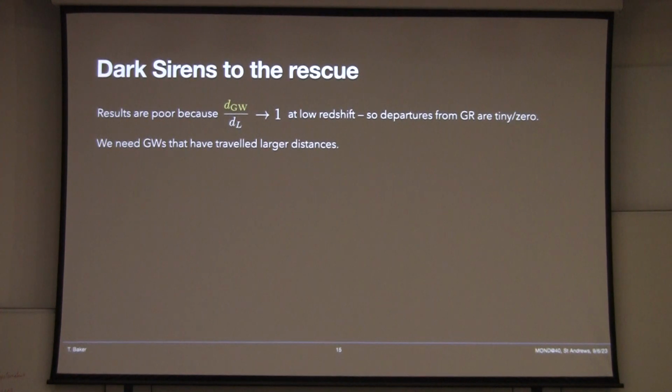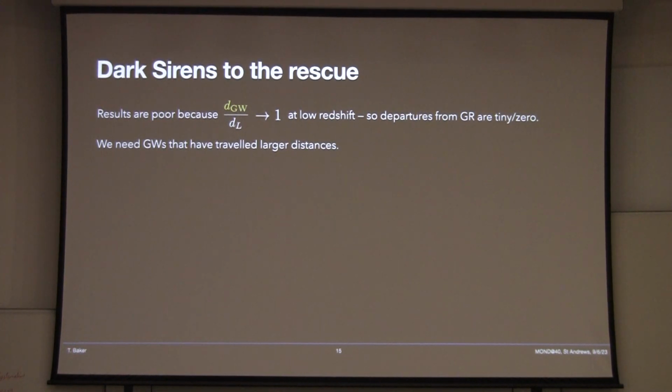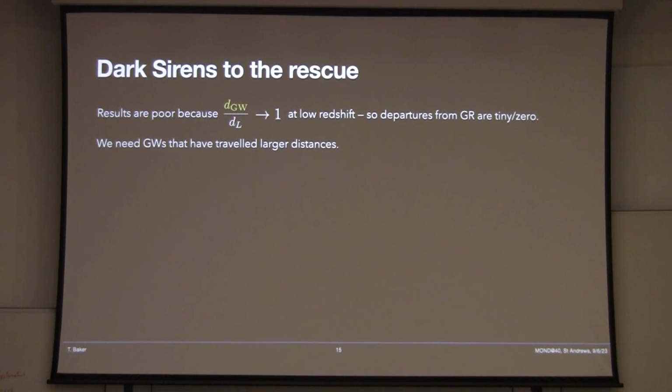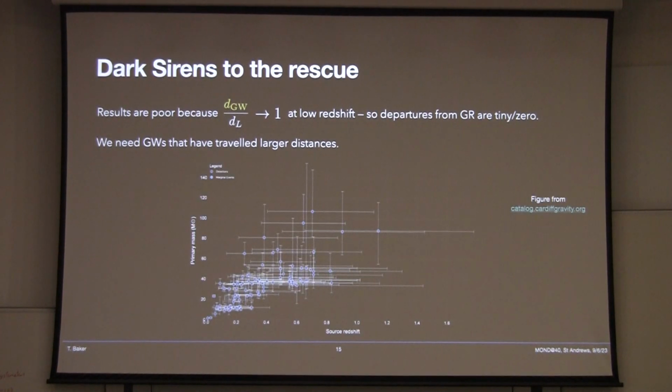What we would really like is to use events from higher redshifts, because these deviations, these changes to the friction, accumulate as the gravitational wave travels. So higher redshift means basically greater distance or greater time for those deviations to build up. And we do have gravitational wave events at higher redshifts.